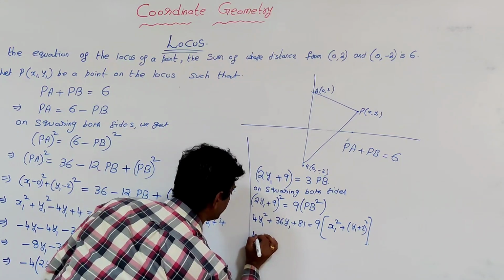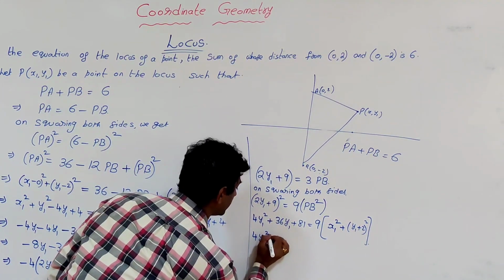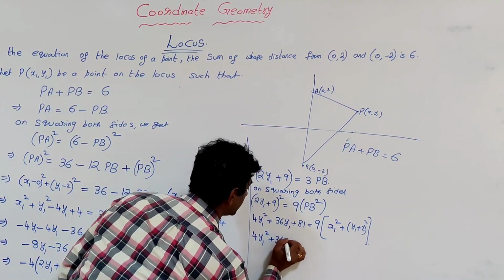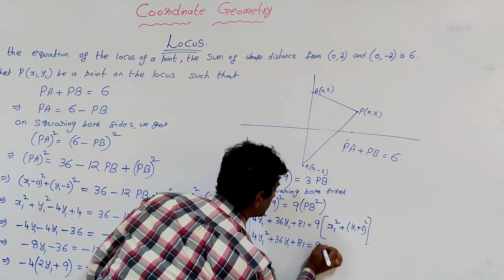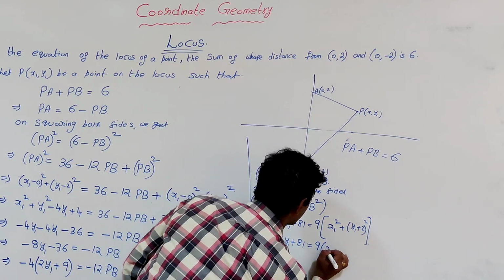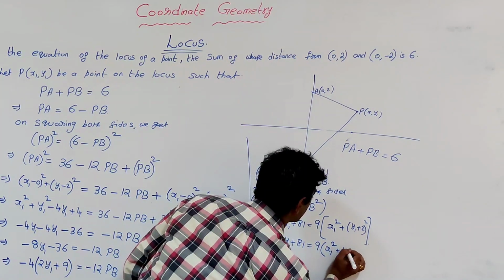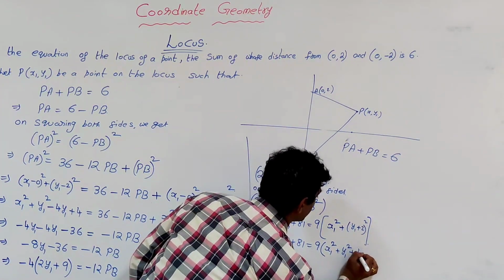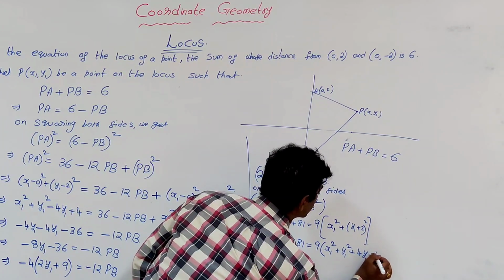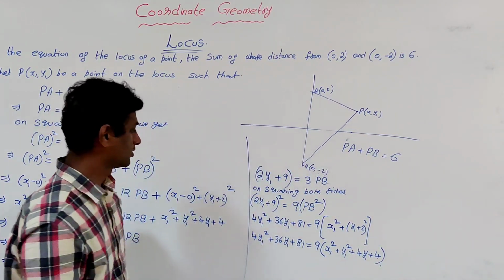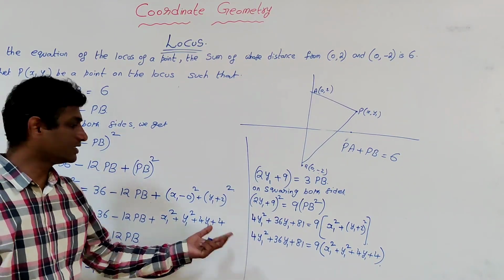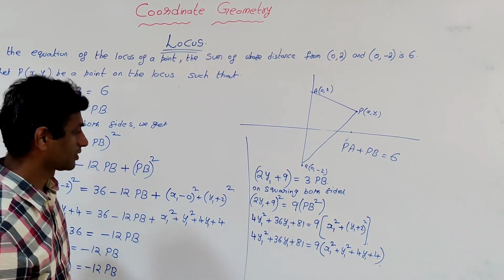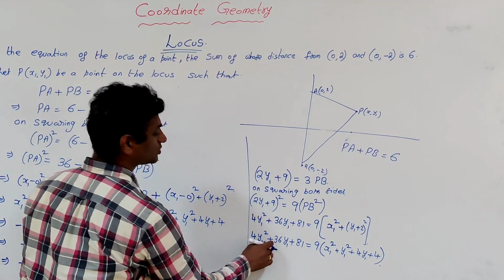So again on simplification, 4y1 square plus 36y1 plus 81 is equal to 9 times (x1 square plus y1 square plus 4y1 plus 4). And if there are any cancellations, cancel, or if there is any simplification, we simplify. So take all the terms to the left side.